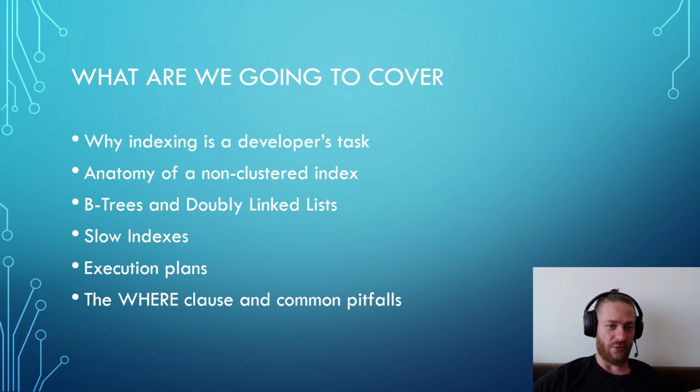And we're going to cover the two important data structures used from any SQL database actually to create indexes, and that's B-trees and doubly linked lists. We're going to cover when indexes become slow and what kind of different parts of the index can have a performance issue with your queries.